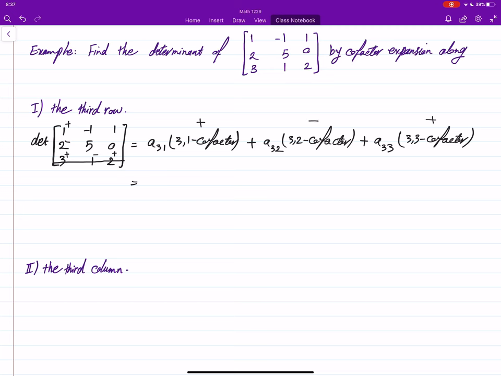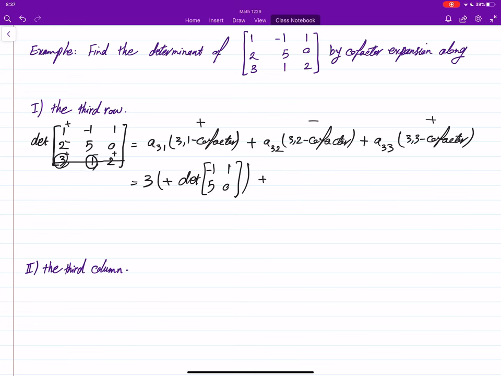So 3, 1, this is 3, this entry, times plus a determinant of submatrix 3, 1. So delete that row and that column. You get negative 1, 1, 5, 0, plus. Then you have a 3, 2.